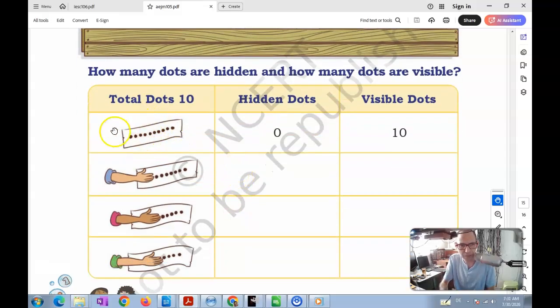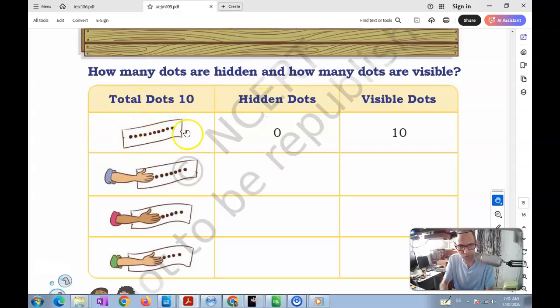And then on these strips of paper, you have 10 dots over here. So then one of your friends or someone is supposed to hide some number of those dots, and then you have to guess how many dots they have hidden under their hand.